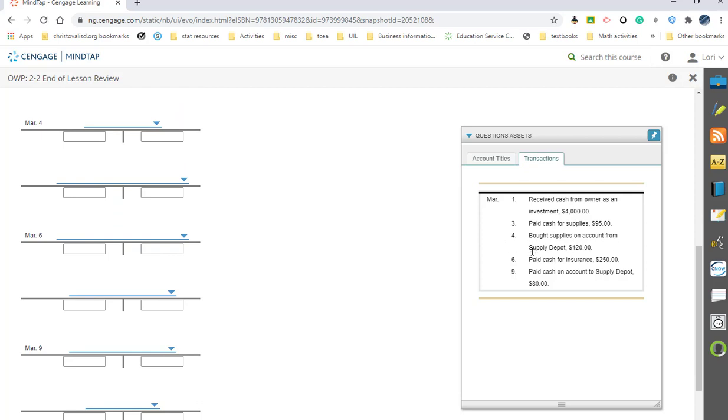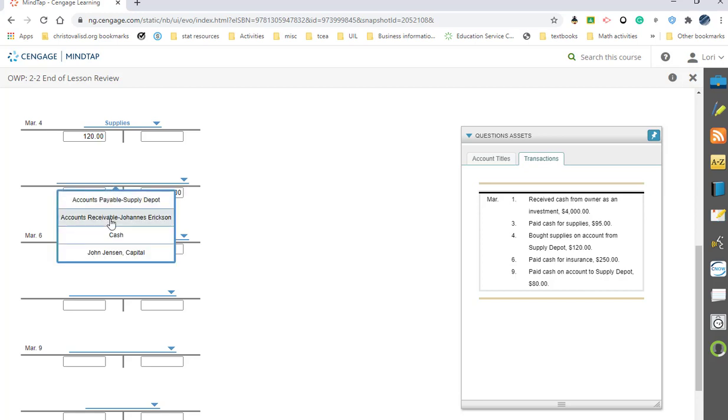We bought supplies on account from Supply Depot. There is no cash here; we're buying on account. This means we're going to have accounts payable and supplies both changed. Supplies is an asset, so increasing assets would be on the debit side. So supplies first, and it was $120. Then $120 goes to accounts payable.